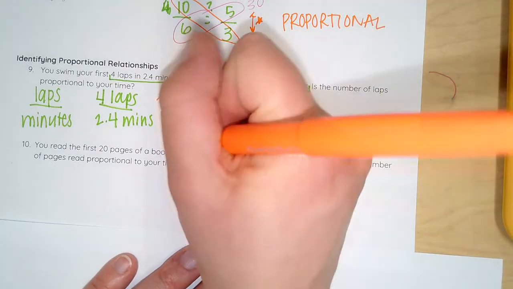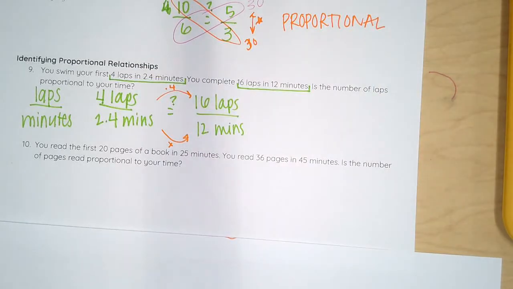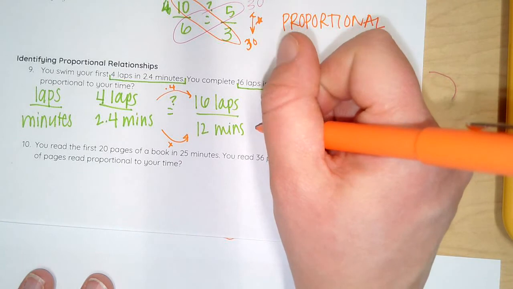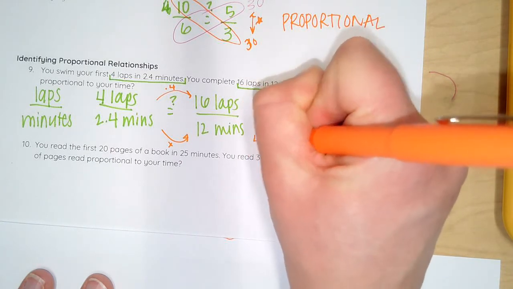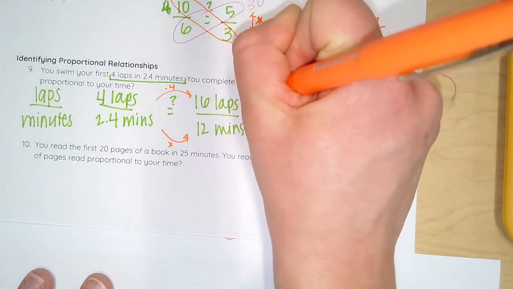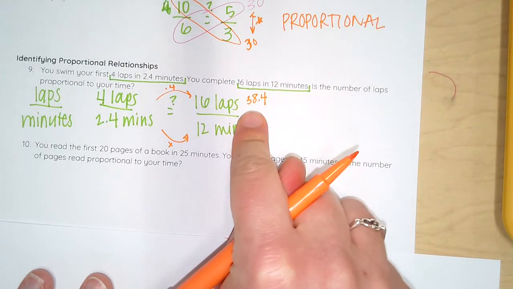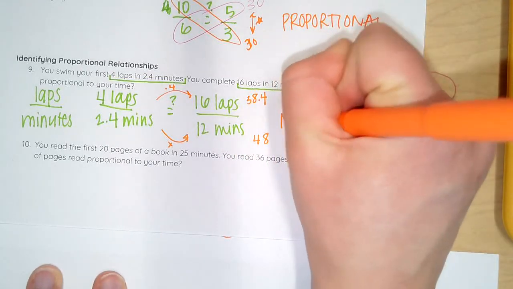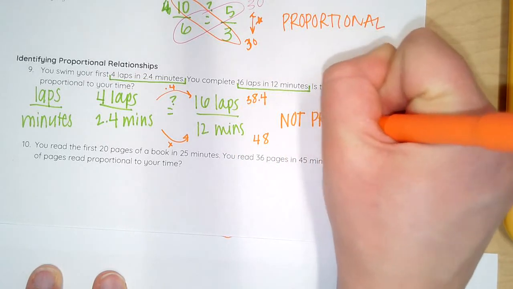It's not. So they're not proportional. The other way you could do this is look at 4 times 12, which is 48, and 2.4 times 16, again, you can use your calculator, is 38.4. So these don't match. So we do not have a proportion here.